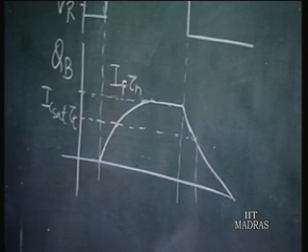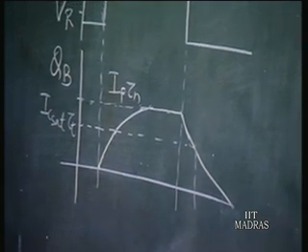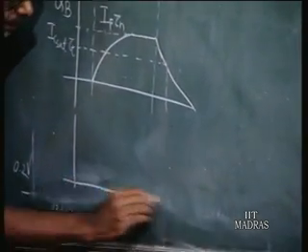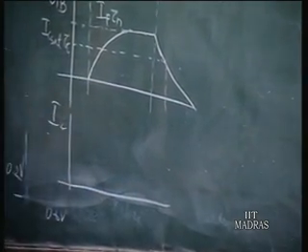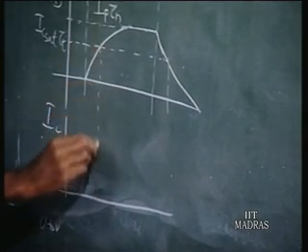If you now look at the collector current, if I plot the collector current, it is going to go something like this up to this point.